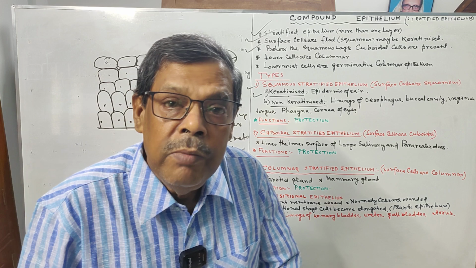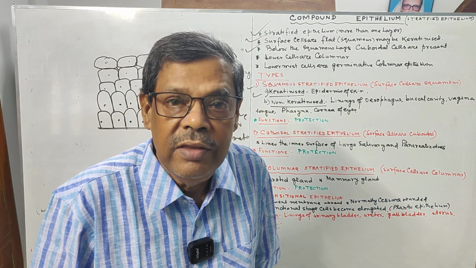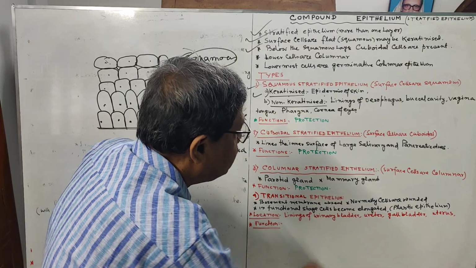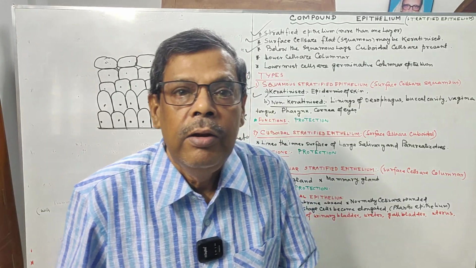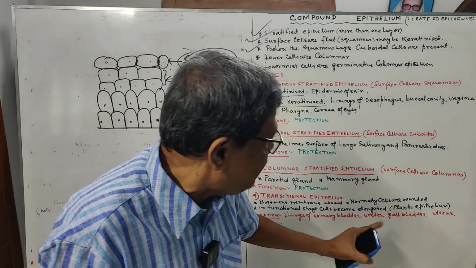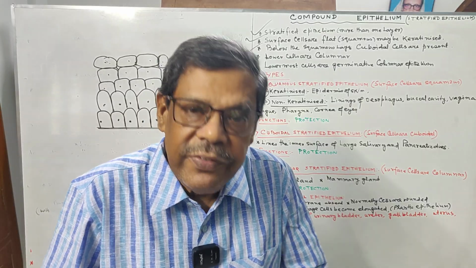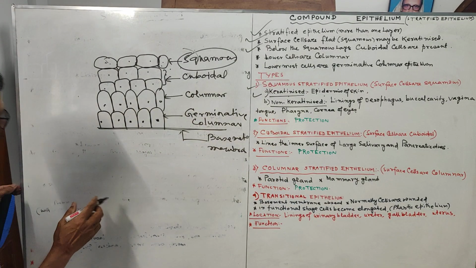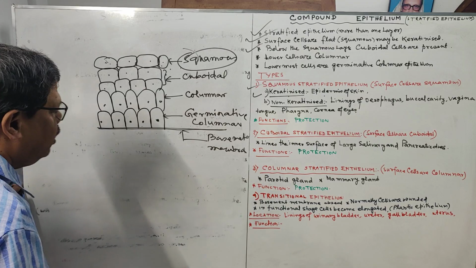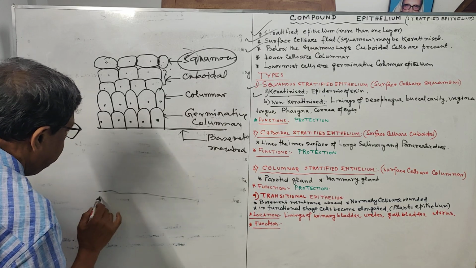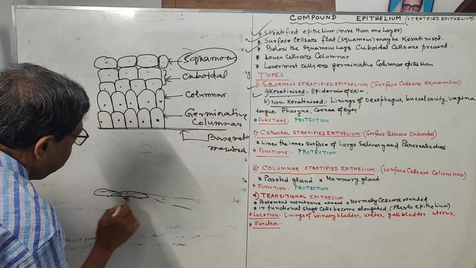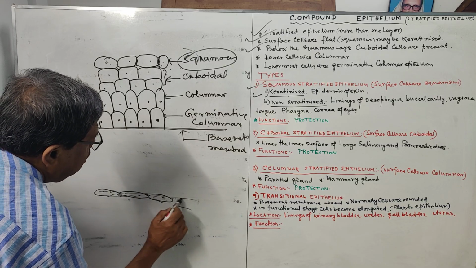But in the functional stage, these cells become elongated. So it is called plastic epithelium. Instead of a basement membrane, there is connective tissue.